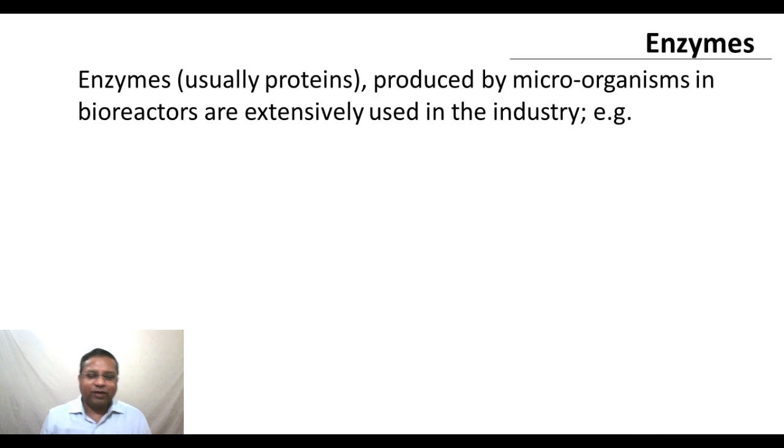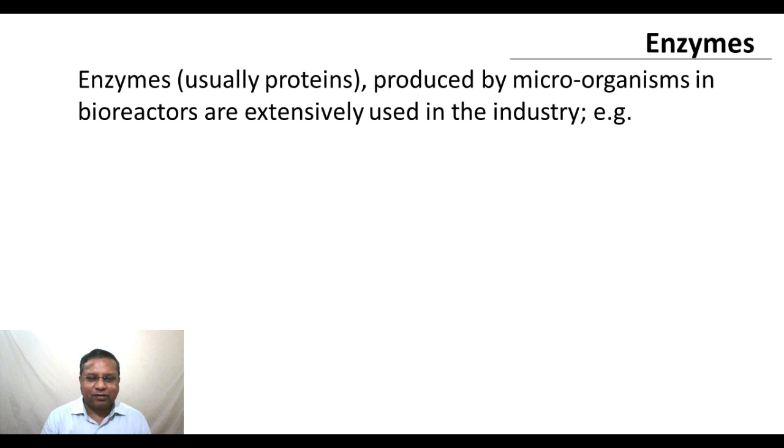We said we will slightly improve the outcomes from the bioreactor, cells themselves and the products that are made. Earlier we said that the products made by the cells could also be the products that result from an enzyme mediated reaction. All of you would have heard of enzymes. Enzymes, usually proteins, which are produced by microorganisms in bioreactors, are used extensively in the industry.